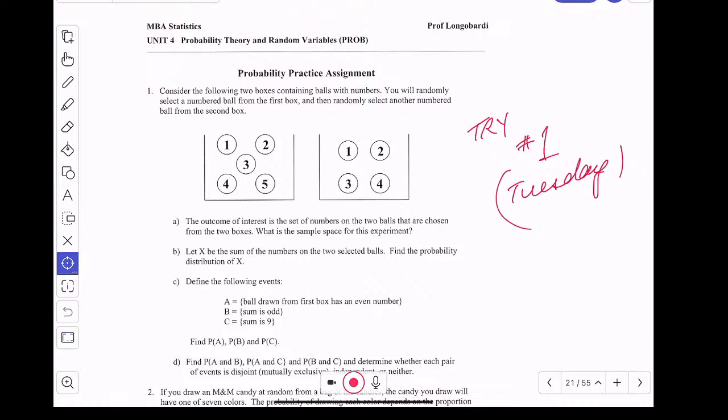So let's look at this first. Unless you understood the solutions, how many of you want me to try this one or solve this? All right.